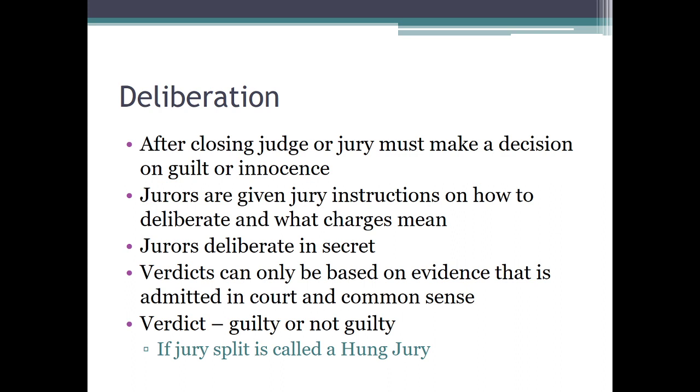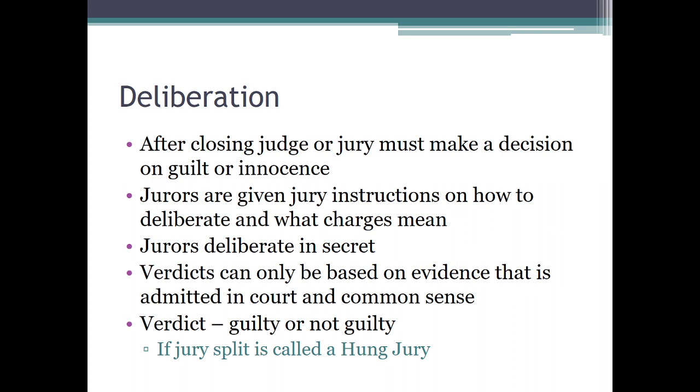And the jury really has two options. They can come back and say, yes, John Doe did it, he's guilty, or no, John Doe didn't do it, he's not guilty. If they can't reach a decision, if they go in there and they vote 6-6 and it's a tie, or 9-3, or 11-1, and one juror says, nope, nope, nope, even if it's the other way around, if 11 want to acquit and one wants to convict, if the jury is split and they cannot reach a decision, it's called a hung jury.